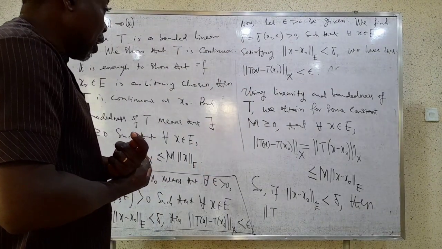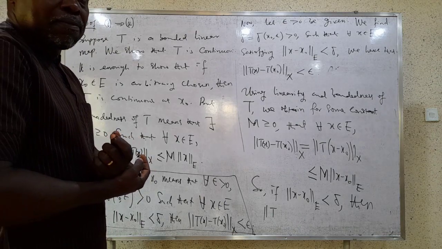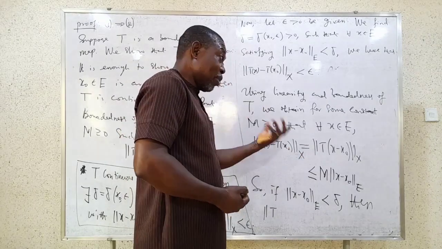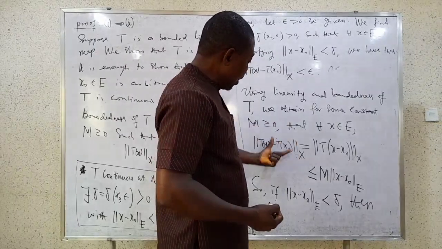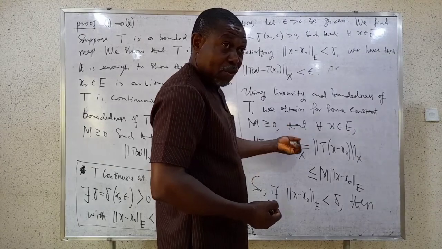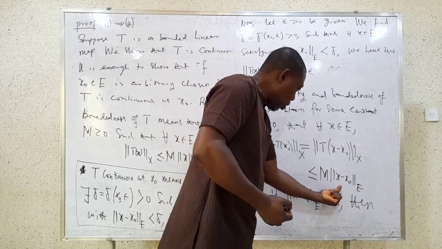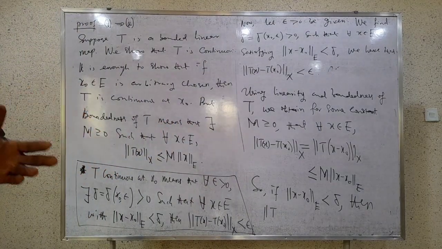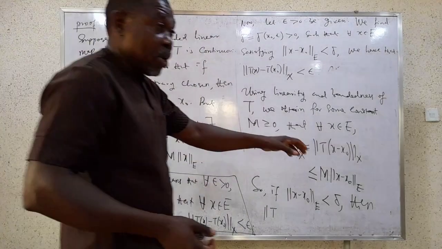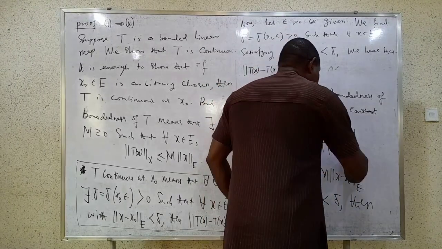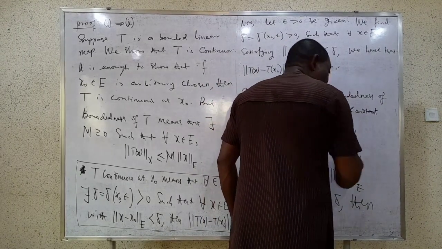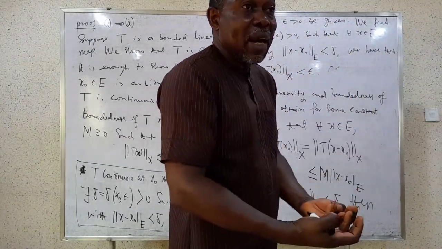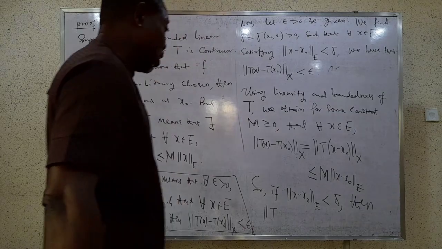T is mapping from E to X. So this value is in X. That's why, I'm being careful here, the norm acting on the image will be the norm in X. Where these things are clear, there's no need to specify. The essence of doing this is for us to see that it's not only one norm that is running: the norm X is endowed with, as well as the norm E is endowed with.